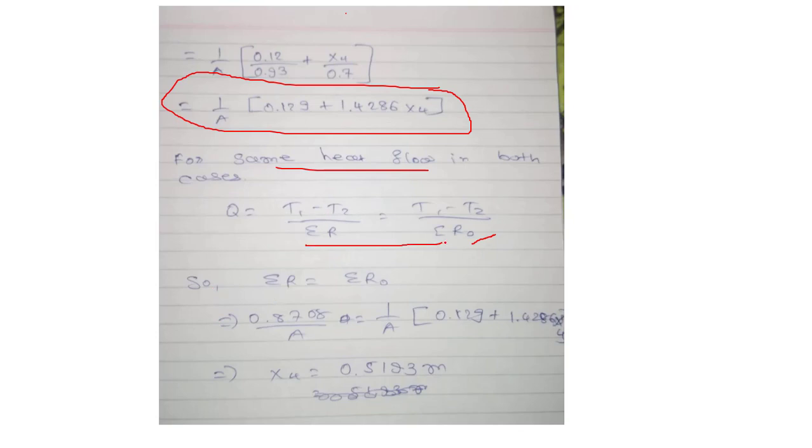So from this equation we can conclude that sigma R is equal to sigma R0, and putting the values of case 1 and case 2, here X4 is unknown. By solving this equation we can find that the thickness of red brick is 0.15193 meter.